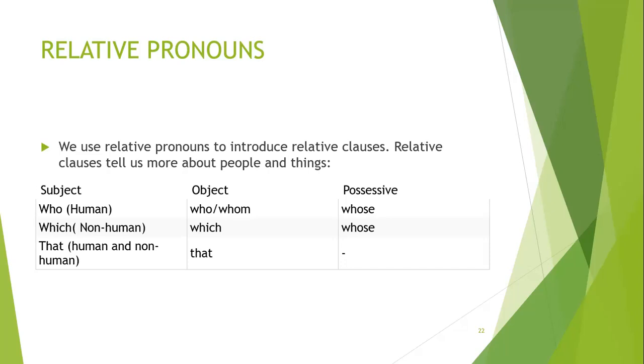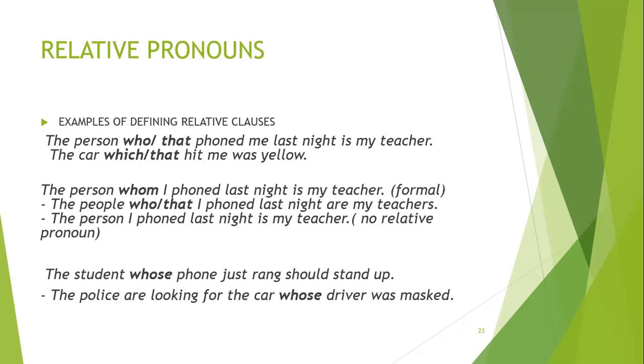If it is non-human, we use which. If it's human or not, we can use that, so that goes for both. For the object, if it's human, you can use who, or whom if you want to be very formal, which is still for non-human. That can be for both human and non-human. And for possessive, we use whose. So let's look at some examples.